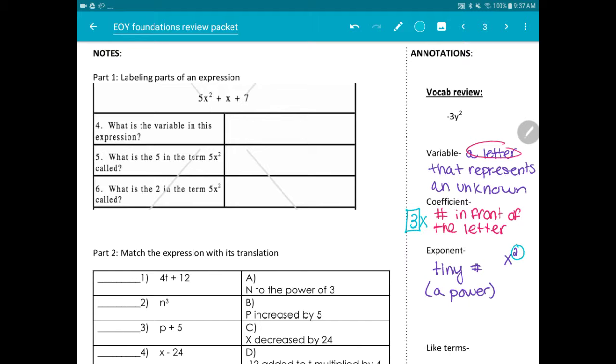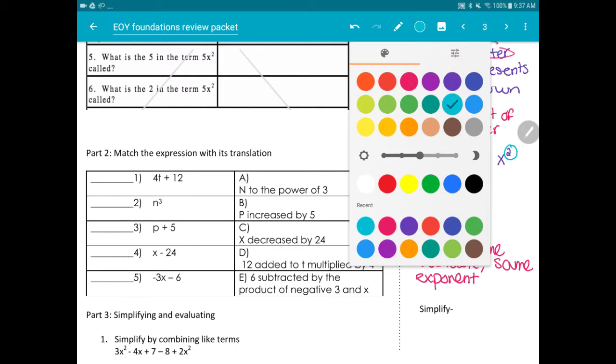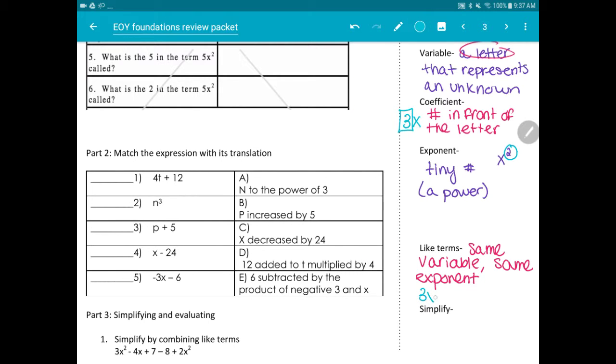It's this number. Okay, like terms is when they have the same variable and same exponent. So an example of that might be 3y and negative 6y.